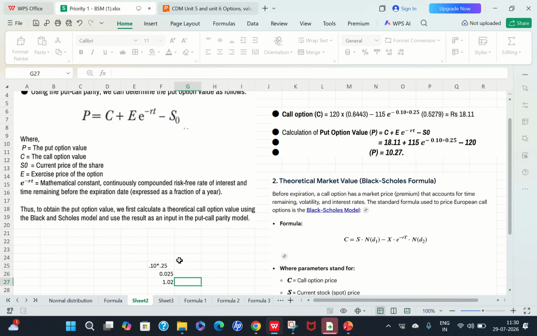In terms of multiplication, 120 into 0.6443, you get a value of 77.316.